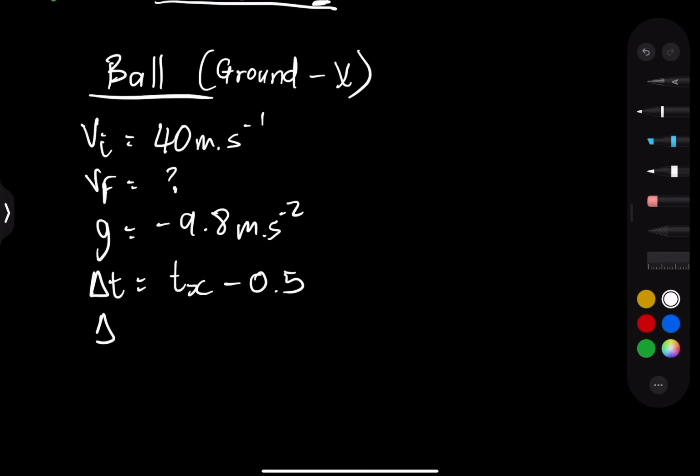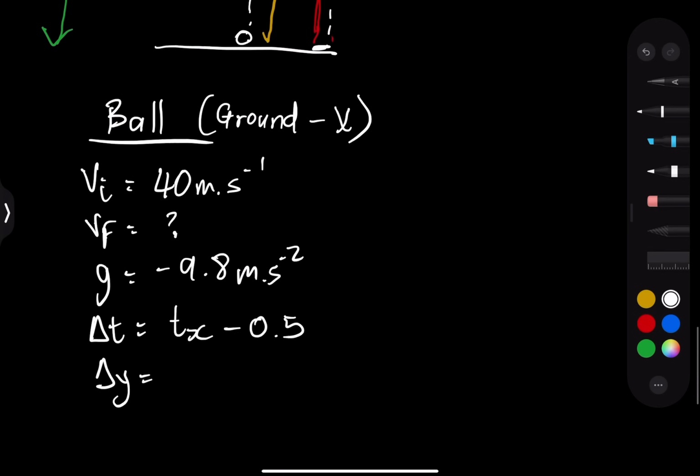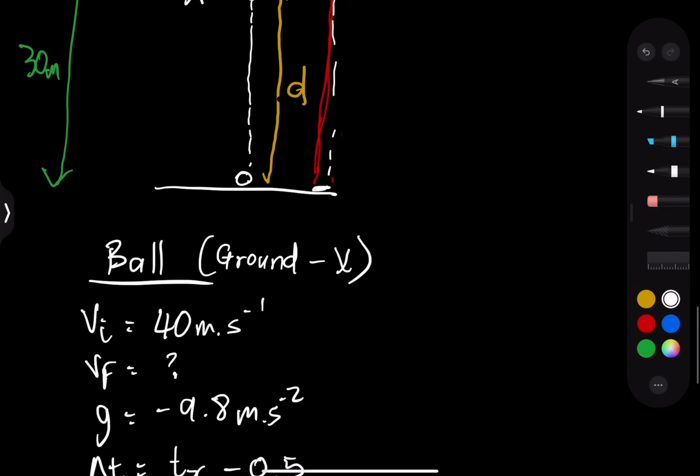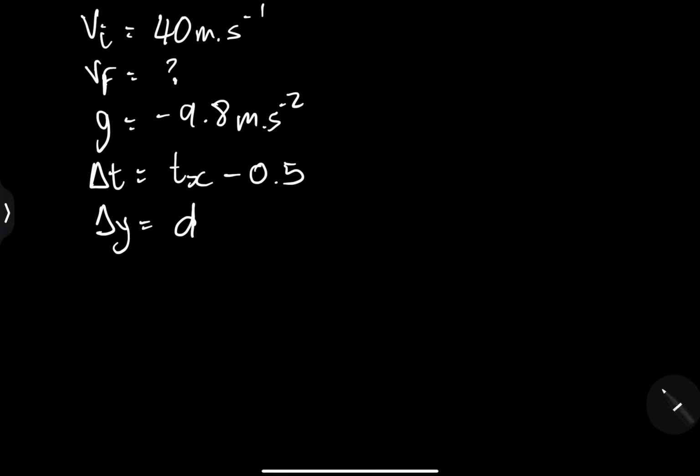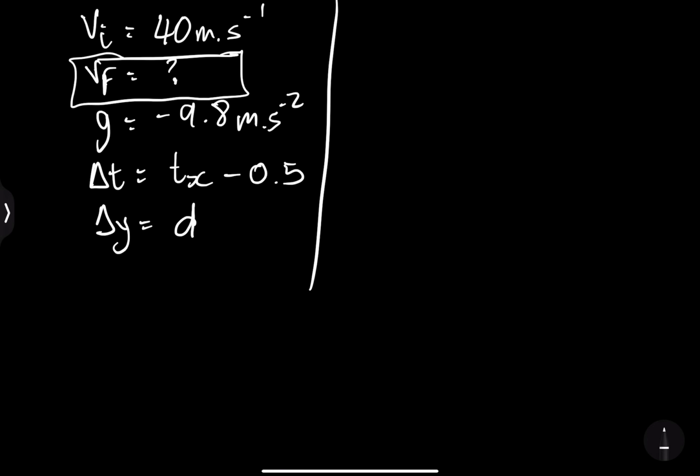Obviously for the displacement of the ball, we said it was displaced upwards by d meters, so I'm going to leave that as positive d because it signifies direction upwards. Now we can use our equations. Because we don't have final velocity, the equation without final velocity is delta y equals vi times delta t plus 1 over 2 g delta t squared.